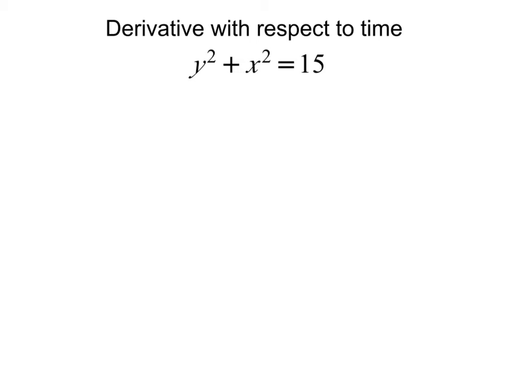All right, so let's see how I would find the derivative of this problem then with respect to time. Well, most of it feels very similar. So to find the derivative of y squared, it's still going to be 2y times the derivative of y. But remember, I'm not taking the derivative with respect to x this time. So instead of dy over dx, it is dy over dt.